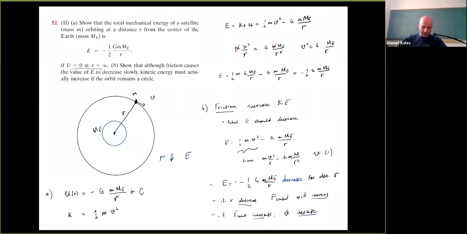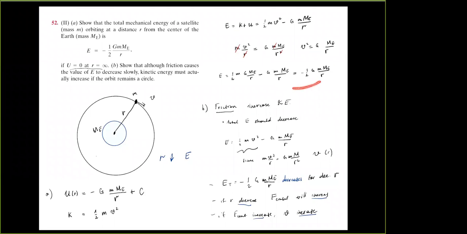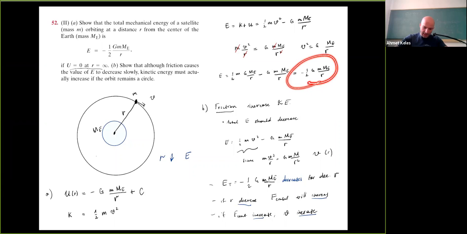E, based on this equation, total E, if R decreases, E decreases, right? E decreases. But if R decreases, F force, mv squared, G over R squared increases, because if these two things come closer together, the attraction gets stronger. But if F increases, V increases. This is actually a lot of words to say, but saying it is actually harder than solving it. So if you sit down and solve it, you'll see it's not that complex.